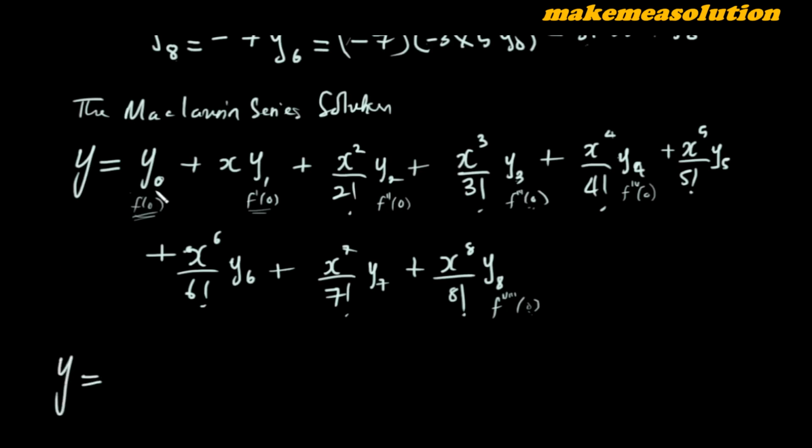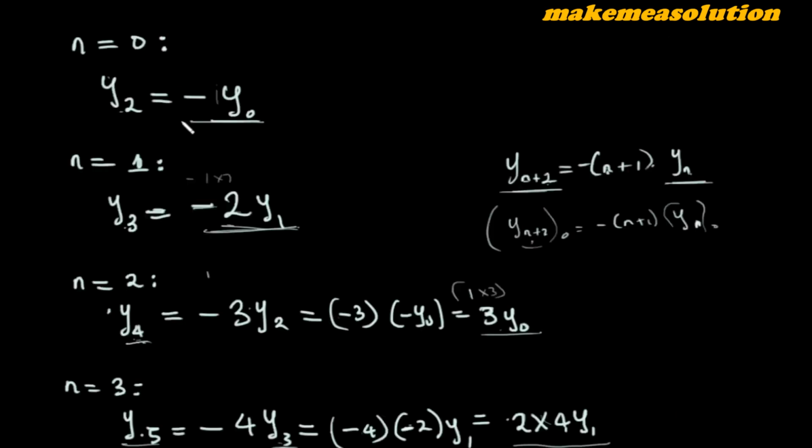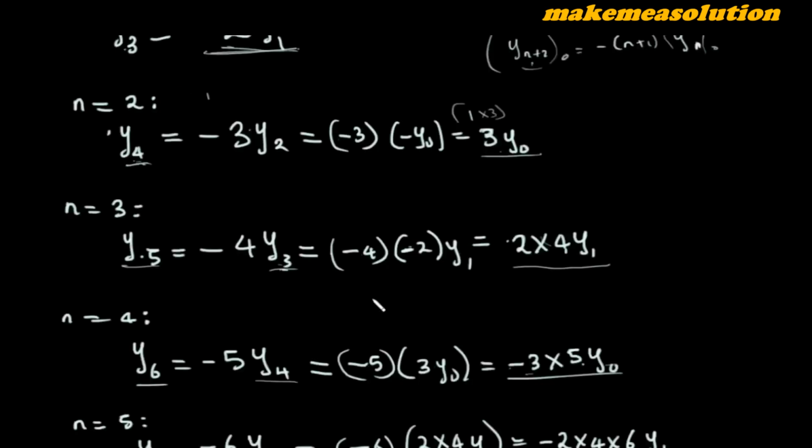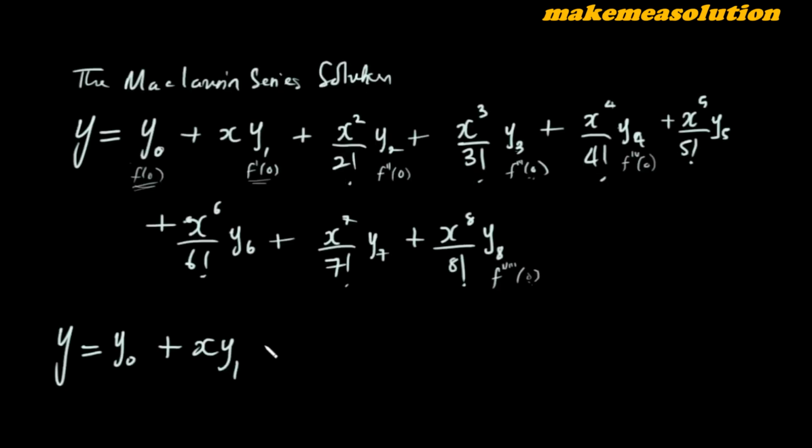Now we're going to substitute what we got. Y is now going to be our y0 stays the same, then our y1 actually stays the same, x y1. Then for our y2, see where it now comes to play. Our y2 is minus y0. So I'm going to put my minus y0 over 2 factorial, then x squared.